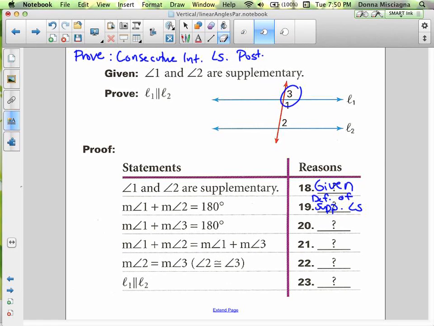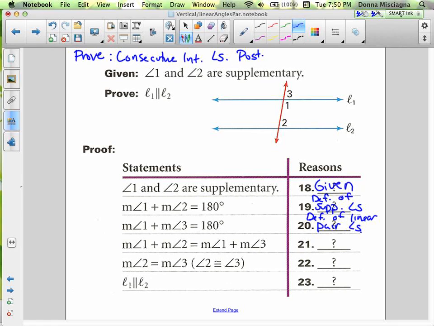So the reason is the definition of a linear pair. You could also say linear pair angle postulate. Either one would be okay.